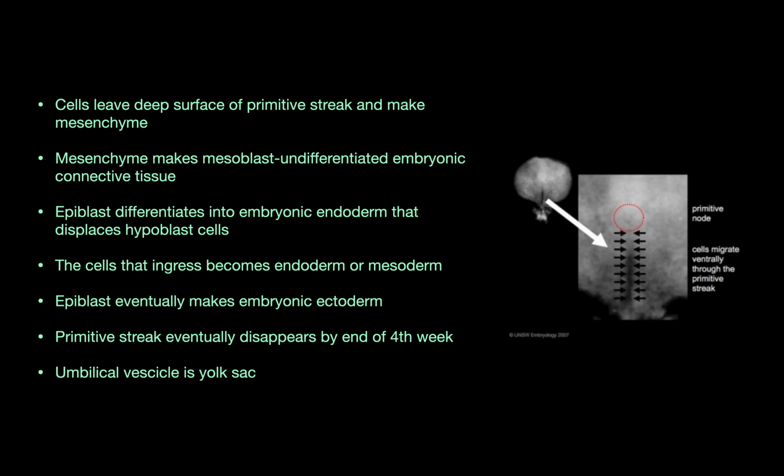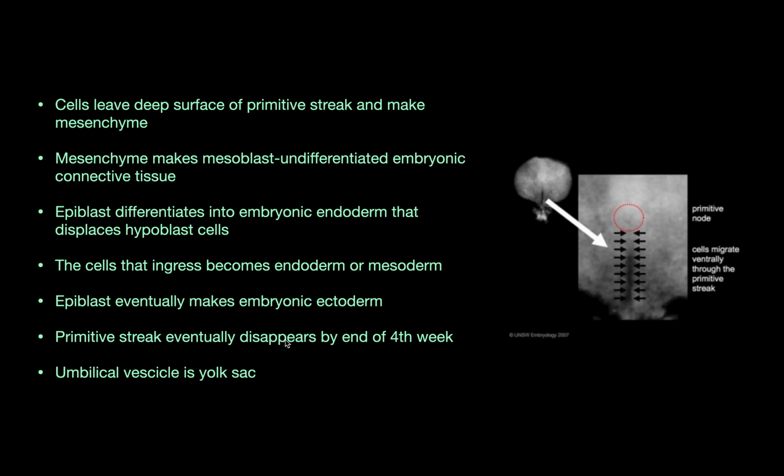The cells will leave the deep surface of the primitive streak and make the mesenchyme. So the mesenchyme makes mesoblasts, which are the undifferentiated embryonic connective tissue. And then the epiblast will differentiate into the embryonic endoderm that will displace the hypoblast cells. The cells that ingress will become the endoderm or the mesoderm.